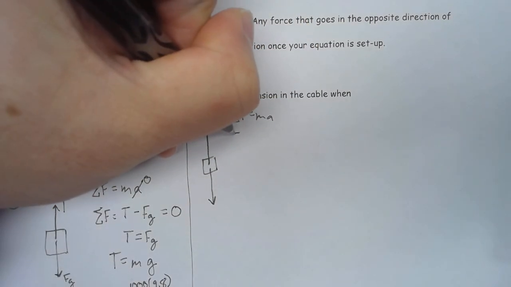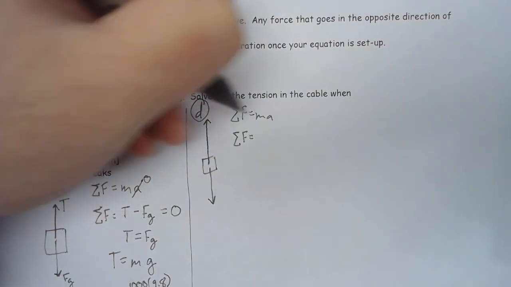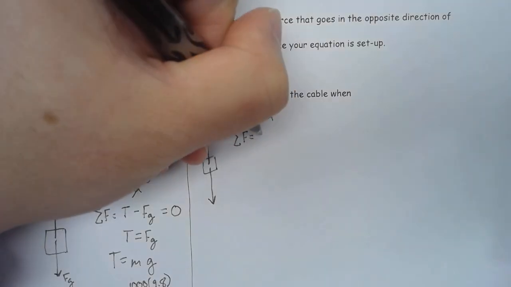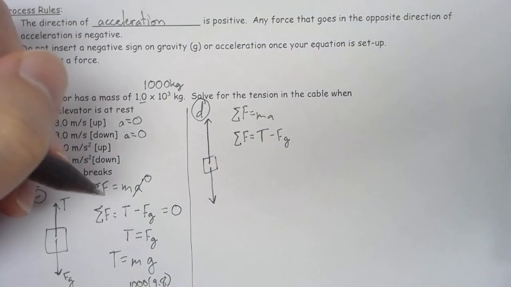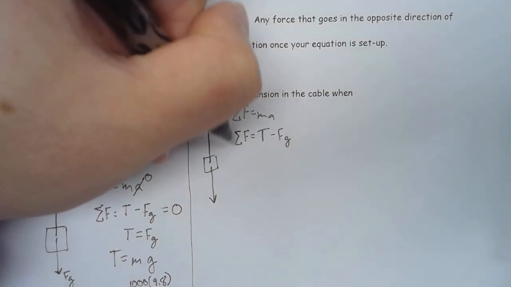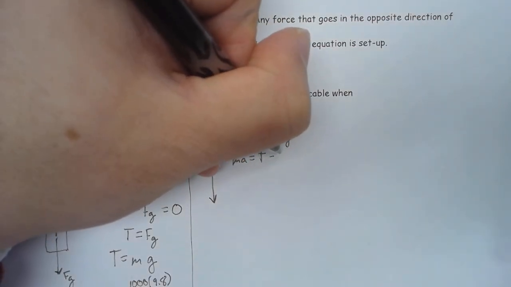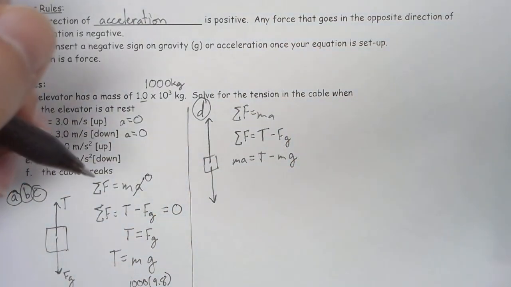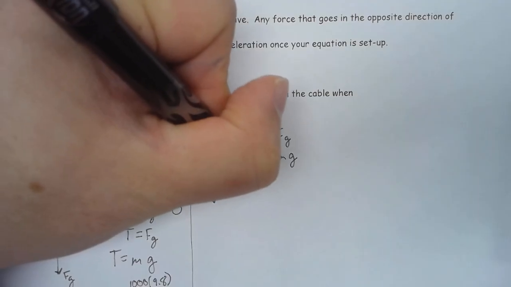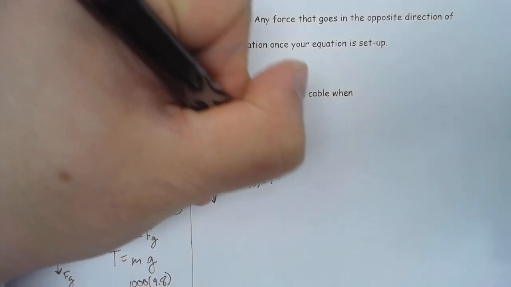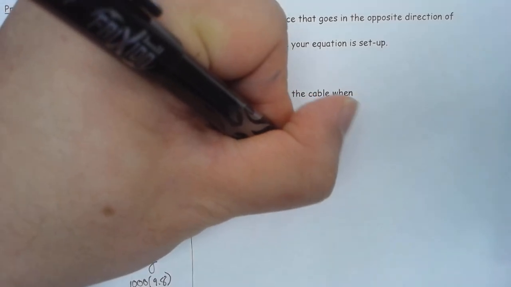In other words, for my net force equation, I have my picture of, well, it's moving up, so I'm going to make tension positive and gravity negative. And this net force is the ma, and gravity is mg. We know that we have the 1,000 times 3 equaling tension minus 1,000 times 9.8.